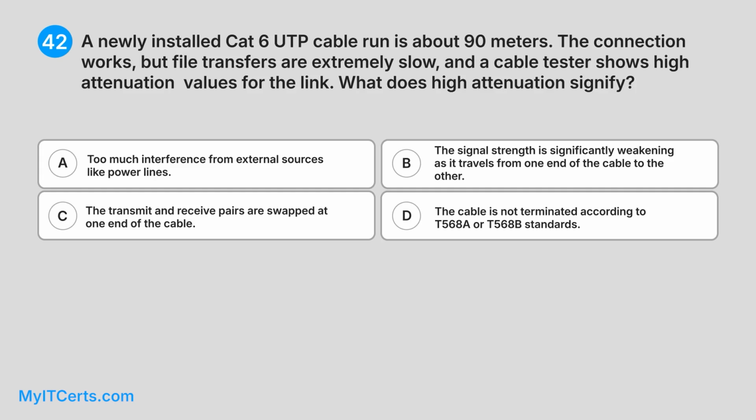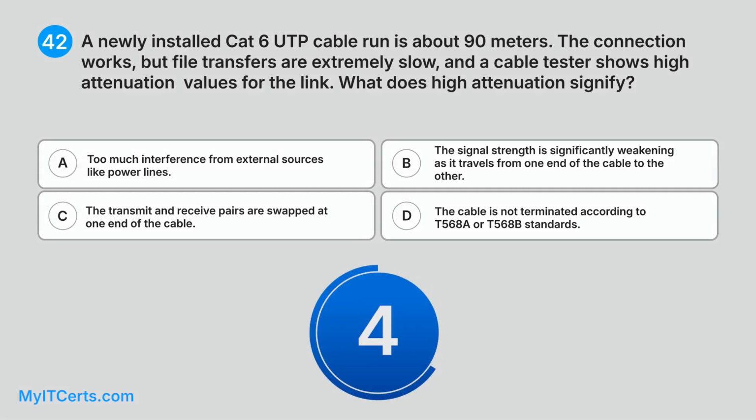B. The signal strength is significantly weakening as it travels from one end of the cable to the other. C. The transmit and receive pairs are swapped at one end of the cable. D. The cable is not terminated according to T568A or T568B standards. Do you know the answer?